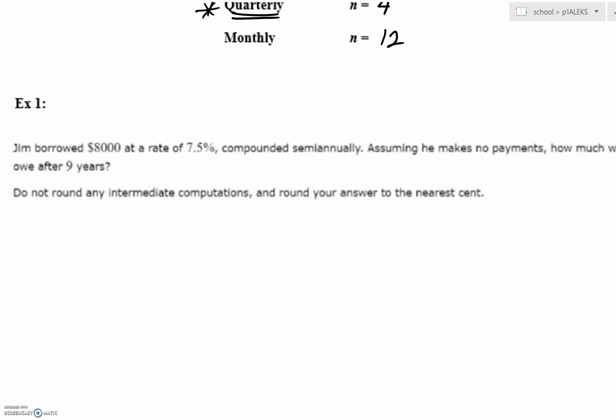So P is what he is starting with. As we read this rate of 7.5, we can take 7.5 divided by 100. And I strongly advise that whatever percent you have, you take care of that. You don't want this to be the reason why you get the problem wrong.